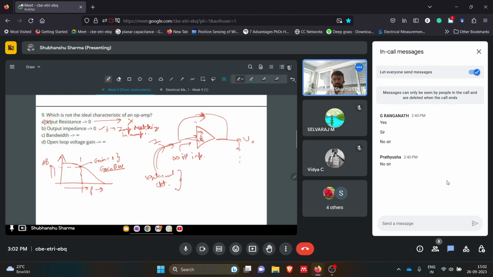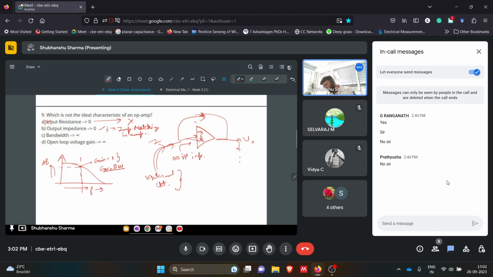After that frequency, if we keep increasing the frequency, the amplifier will not be able to amplify that much, so it will cease to behave as an ideal op amp. It will behave like an impractical op amp.